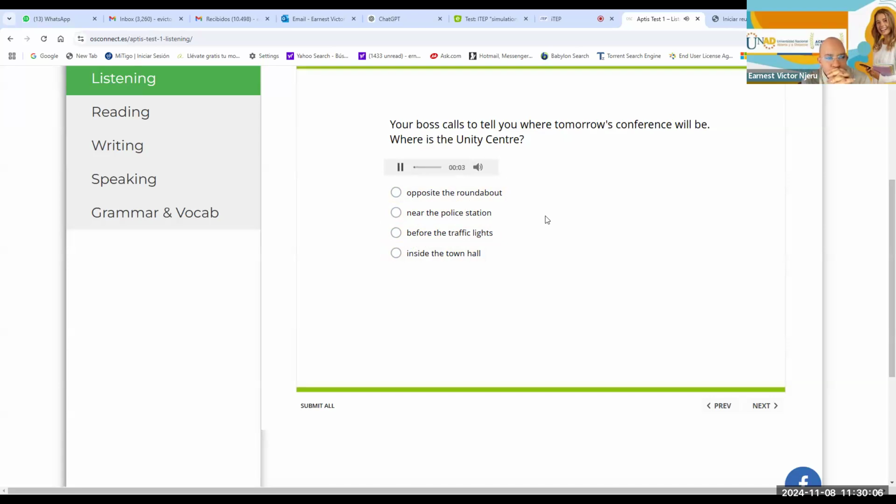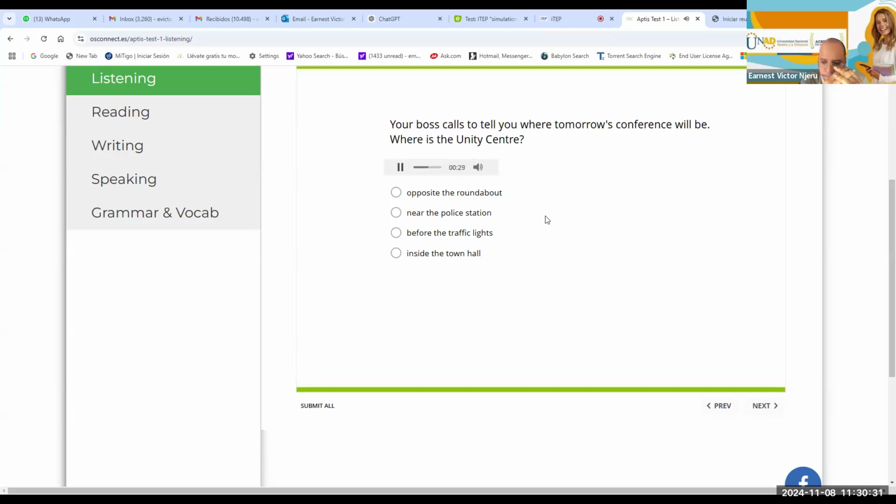Question 2. Your boss calls to tell you where tomorrow's conference will be. Where is the Unity Center? Good afternoon, this is Sarah. I've heard you will be driving to the Unity Center tomorrow, so here are some directions from our office. Go towards the traffic lights, then take a right. After you pass the town hall, take the third exit at the roundabout.